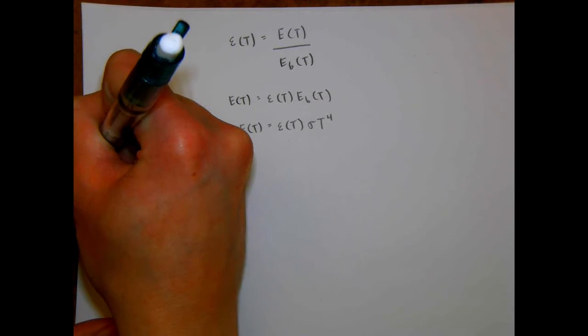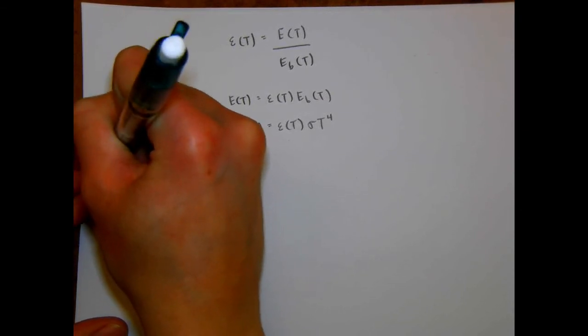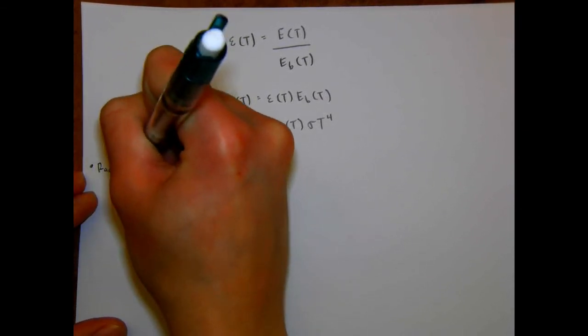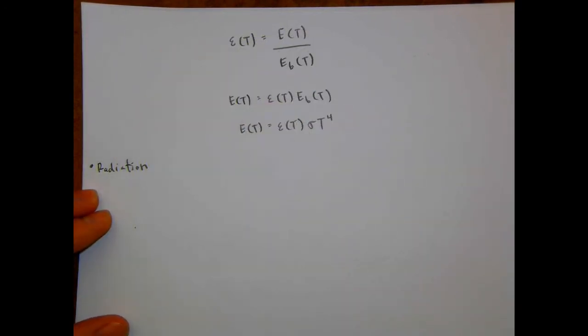So radiation exchange between surfaces. And this will allow us to actually calculate the rate of radiation transfer, so the Q, between two surfaces.